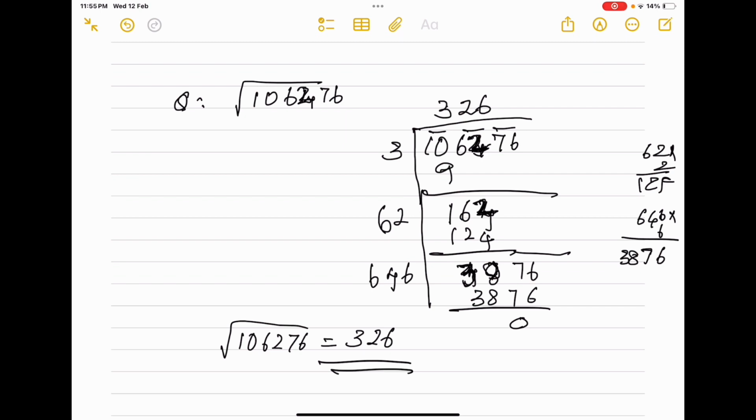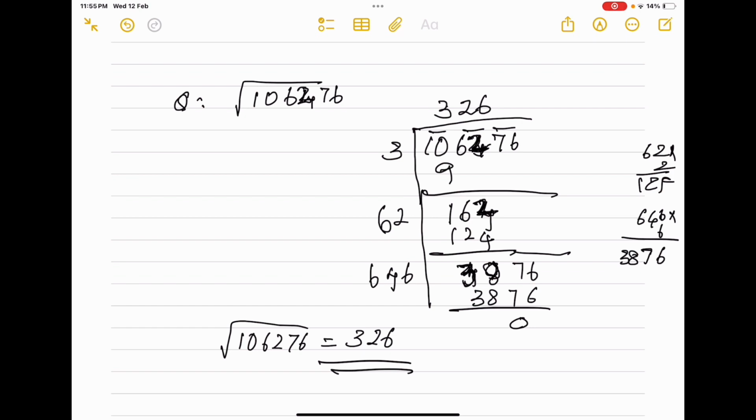Then you test which is correct, and you write that number in the quotient and on the right side of the left side number also. Then you write the product below this and subtract it. Then we get 0, if it is a perfect square.